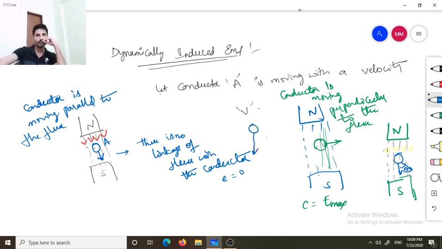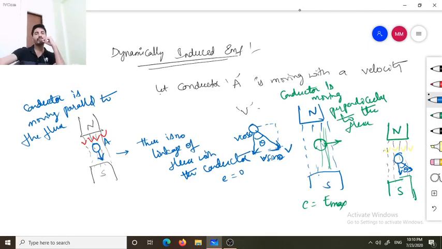The field lines direction is like this, and the conductor is moving at an angle with the field lines, which is theta. Now it can be resolved into two components, one horizontal and one vertical. If this is theta, then from this triangle, with velocity v, the components are v sin theta and v cos theta.